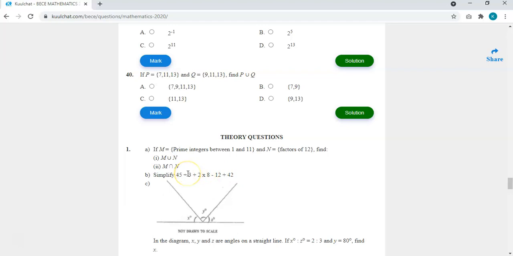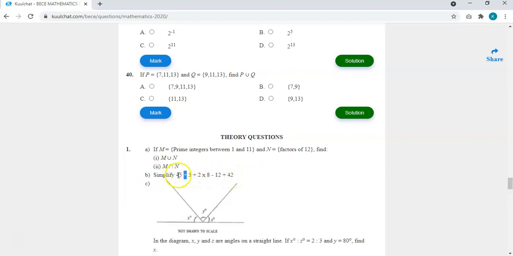BODMAS gives us the order in which we should simplify our expression. BODMAS says that brackets should come first, but there's no bracket here. Then it says that of is also a form of multiplication, so of should follow. There's no of here. It says that division is the third one, and there is a division here. So that's the one we need to solve first, on the list of operators here.